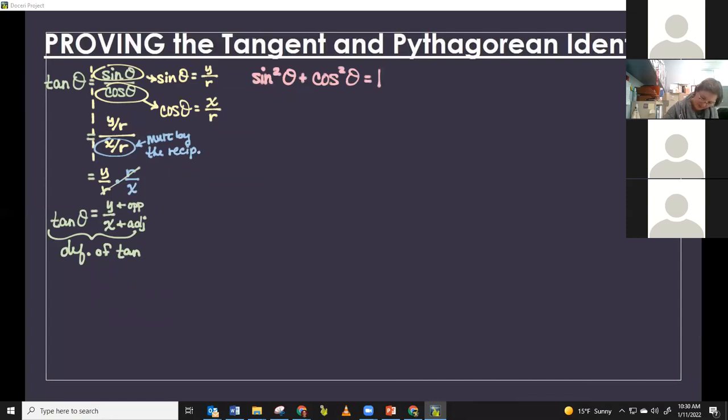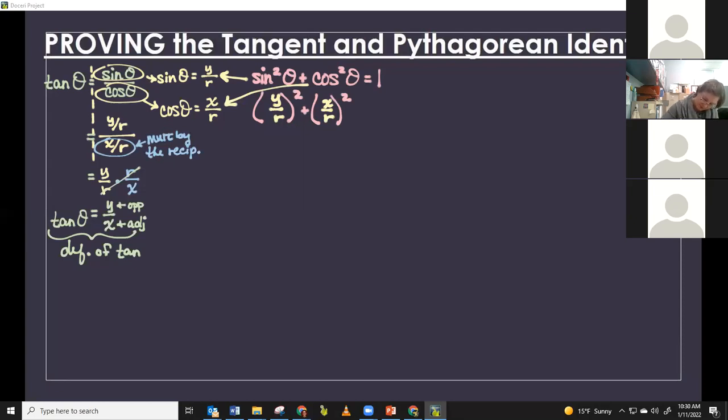I can take sine and rewrite it as Y over R, and then we are going to square it. I can take cosine theta and rewrite it as X over R, and then we square it.